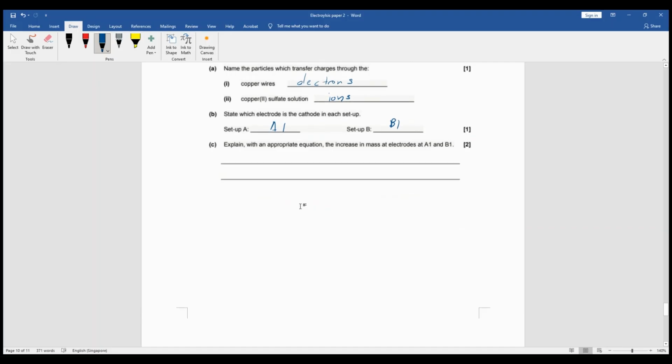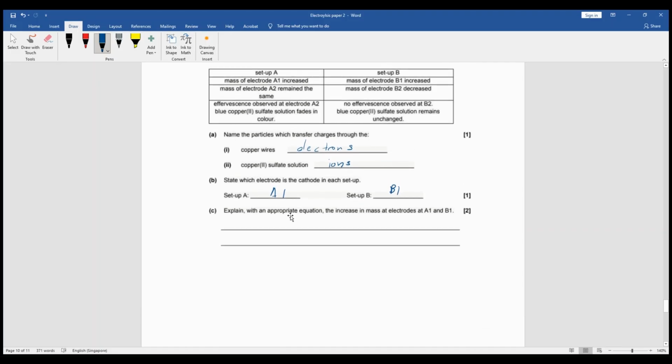Explain with an appropriate equation the increase in mass at electrode A1 and B1. Basically that's what I just said.